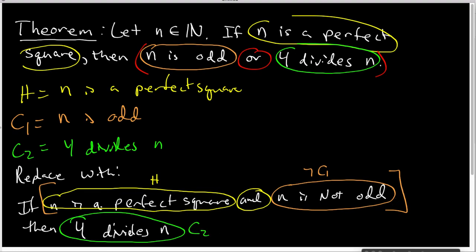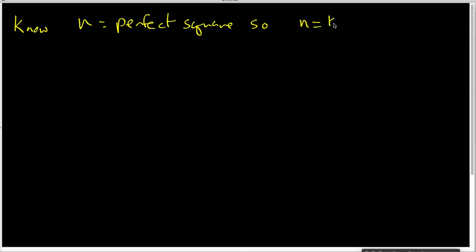Now, in order to prove this, let's do this on the next page. What do I know? We know this. So we know n is a perfect square. Well, what that means is n can be written as k squared for some k inside the integers.